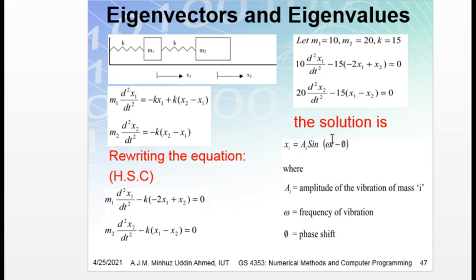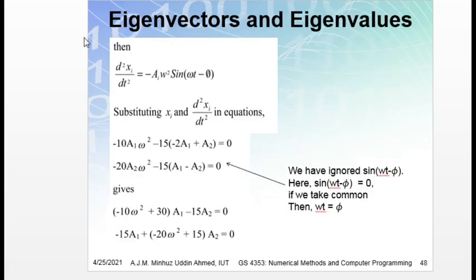This is the simple harmonic motion solution for displacement: A sine(omega t minus phi), with phi the phase shift if it exists, and omega the frequency of vibration, as you know, and A the amplitude, that is, the maximum amplitude which mass m1 or m2 can reach. Rearranging, the general solution is like this, and the acceleration can be rewritten accordingly like this.